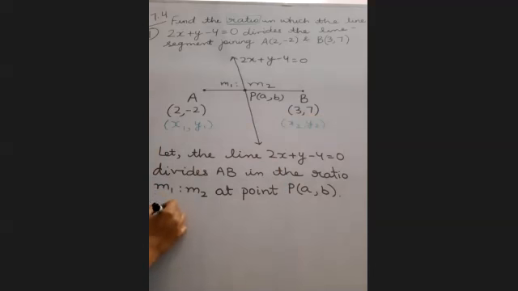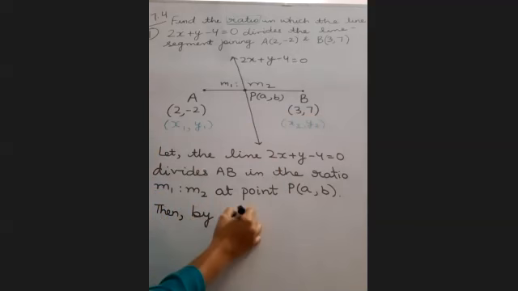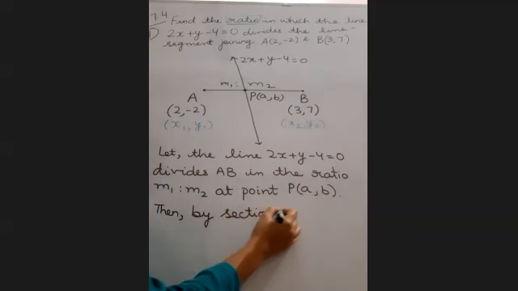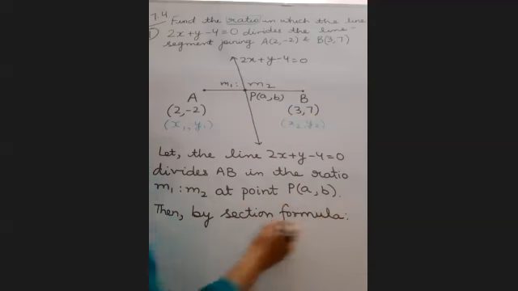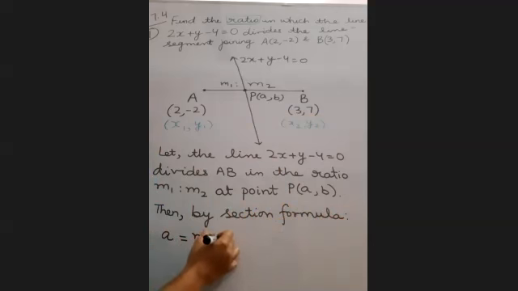Then, by the section formula, a equals (m1 x2 + m2 x1) divided by (m1 + m2).